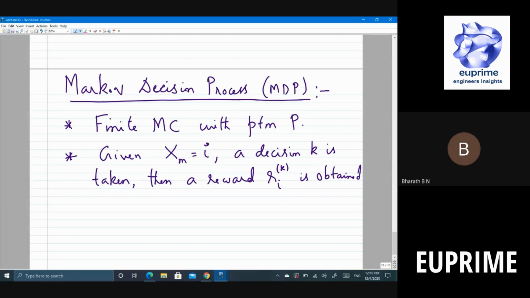So m can be arbitrary, the state i can be arbitrary, and if you take a decision k, r_ik is the reward that you have obtained. Can somebody give me an example of such a system? Let's not worry about Markov chain as such for a moment. You have to model things as state and then rewards. What do you think is the right model?